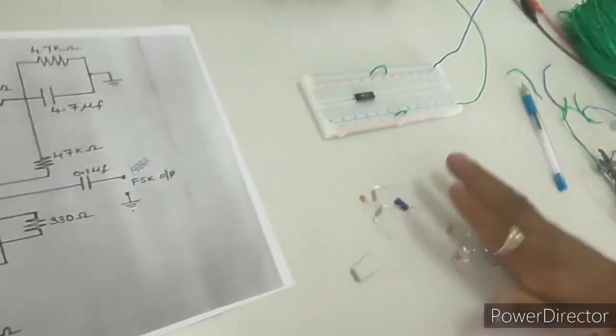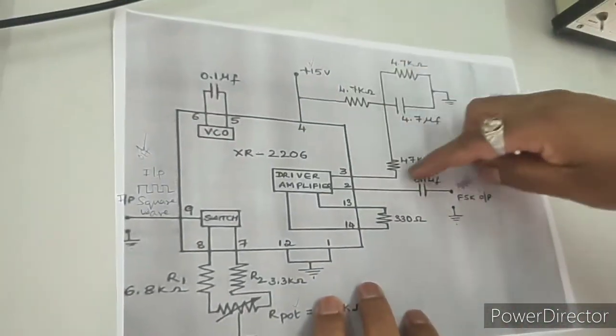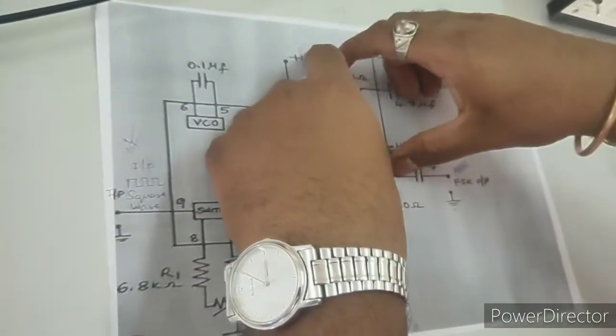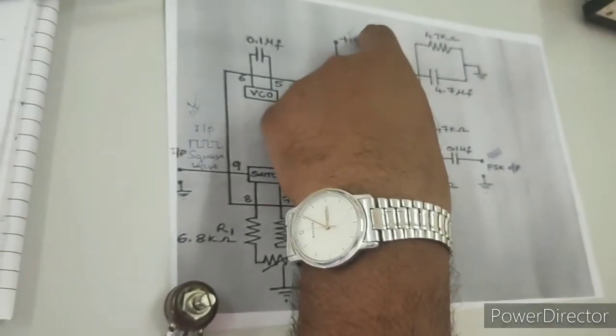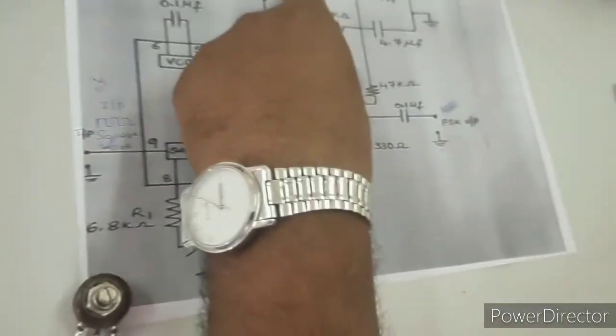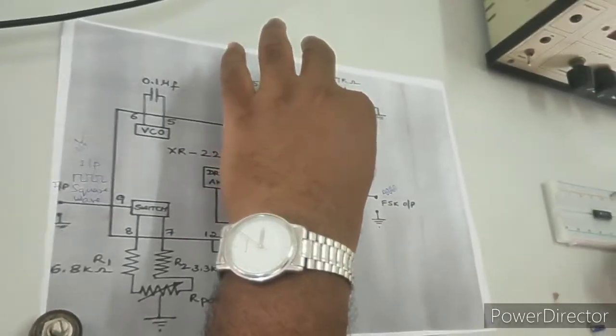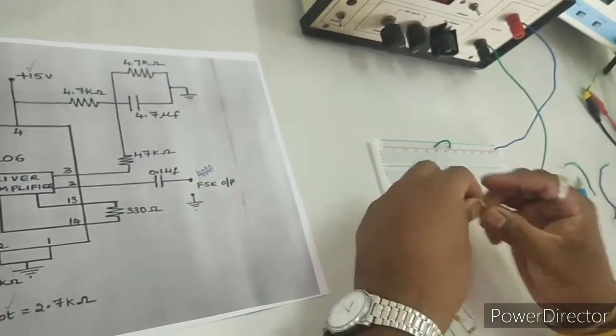connections. First I'll place all the resistors and capacitive elements on one side of the breadboard so that it becomes easier. Just I'll put this 4.7 and 4.7 microfarad in parallel. This is 4.7K.